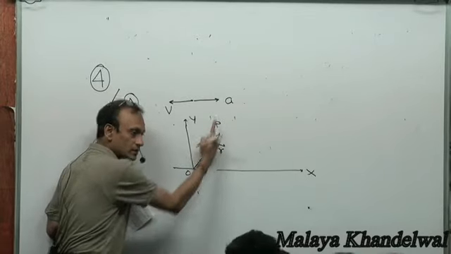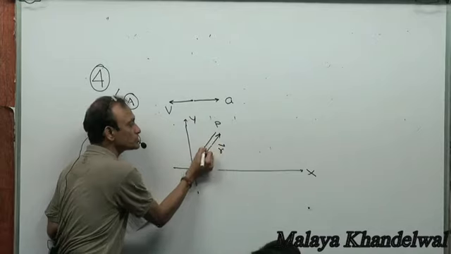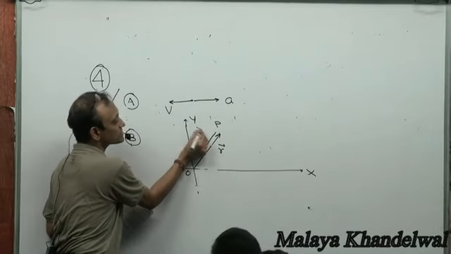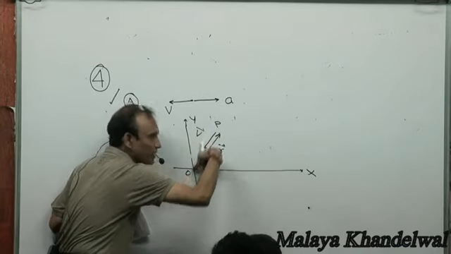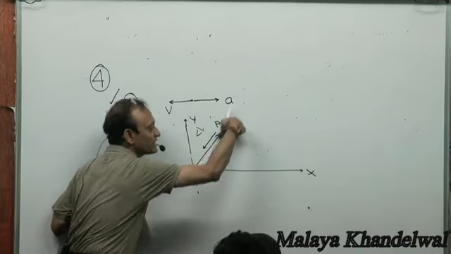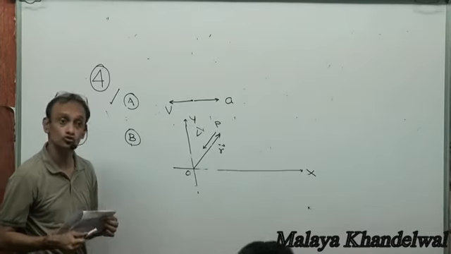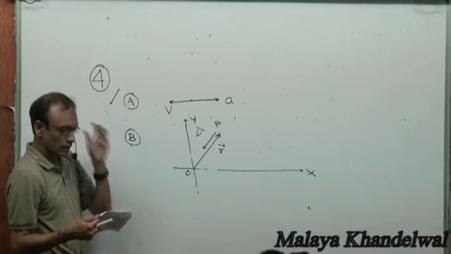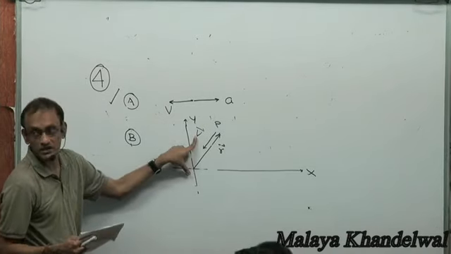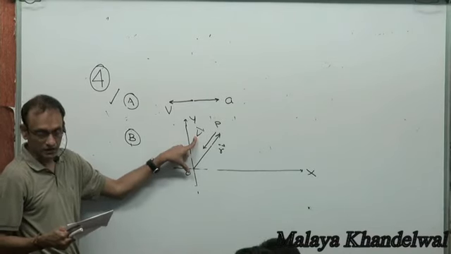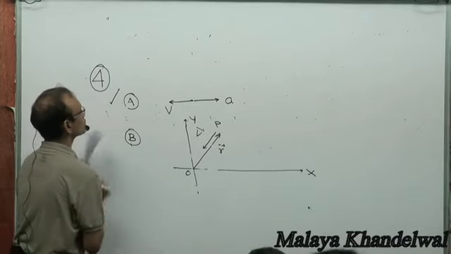And if its velocity is opposite to the position, that means r is in this direction, but velocity is in this direction. Very clearly the particle must be moving towards the origin. So option B is also true. Position and velocity have opposite signs, so the particle must be moving towards the origin.